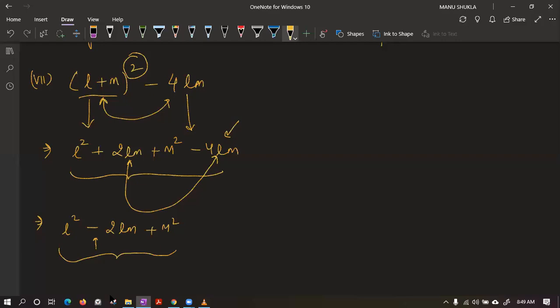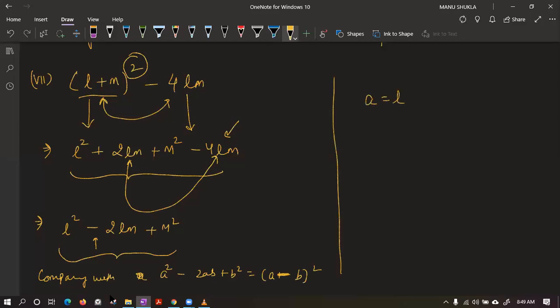It is comparable to L minus M whole square, or you can say comparing with A square minus 2AB plus B square equal to A minus B whole square. And we can say A is equal to L, B is equal to M. So the answer is L minus M whole square.